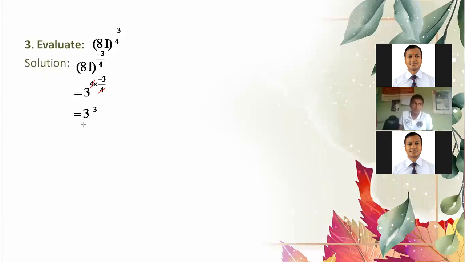And if there is a power minus m, we have to write it as 1 by a power m, or we have to take it in the denominator. So it becomes 1 by 3 cube. And what is the value of 3 cube? 27.